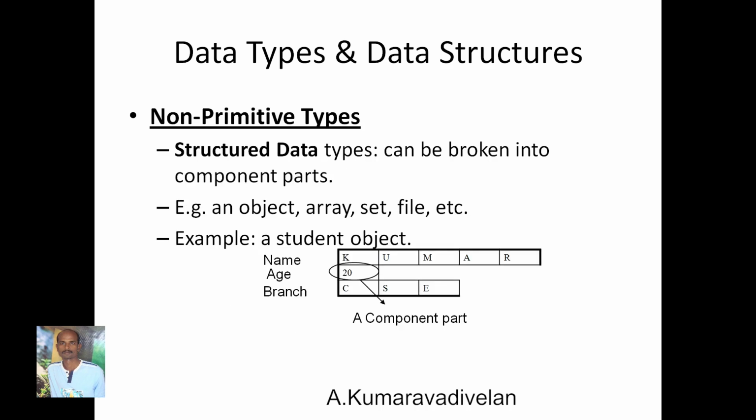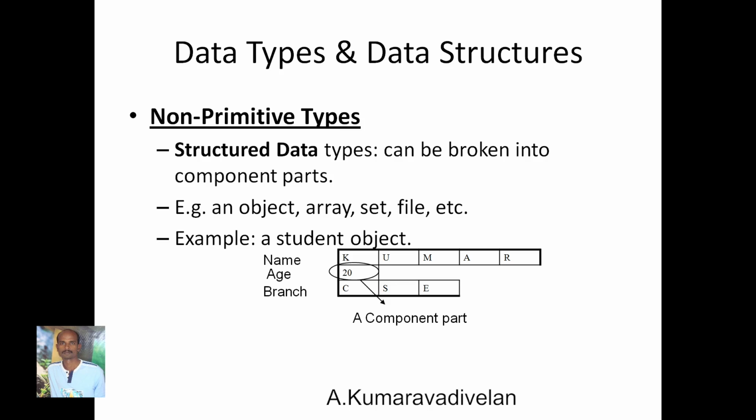Non-primitive types. The previous one is a primitive type. This is a non-primitive type. Non-primitive types are also called derived data values or structured data values, like object, array, set, file. At this point we need to know about structures, union, etc. For example, I take a student object.